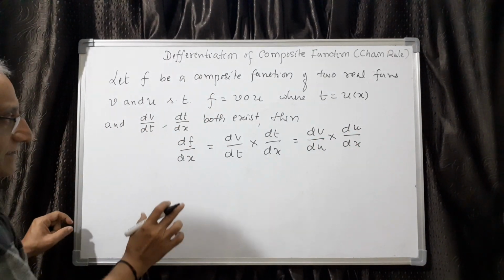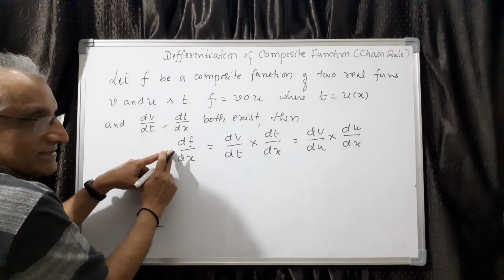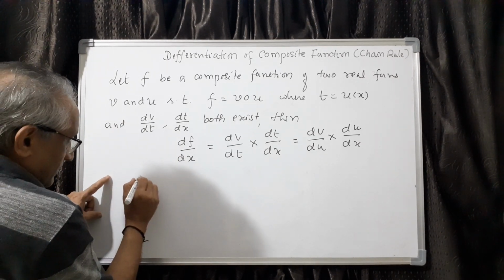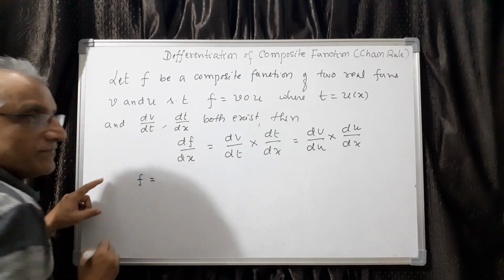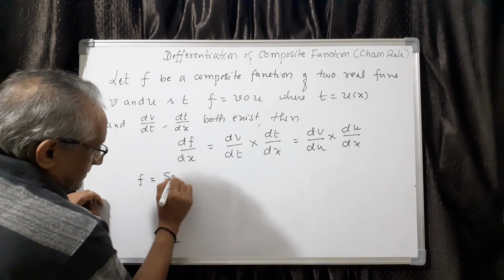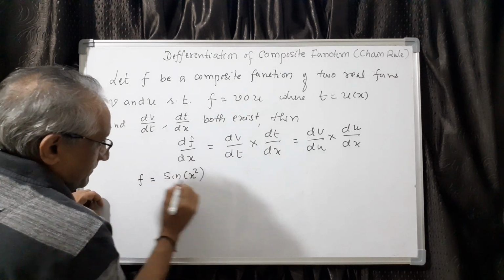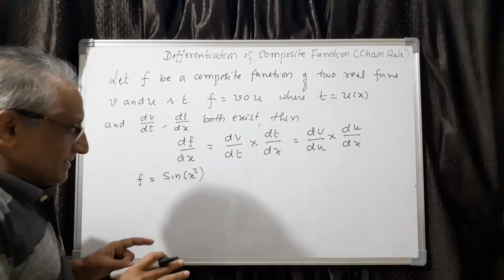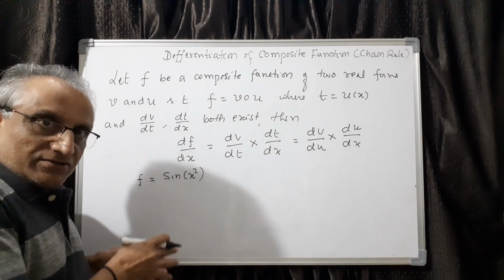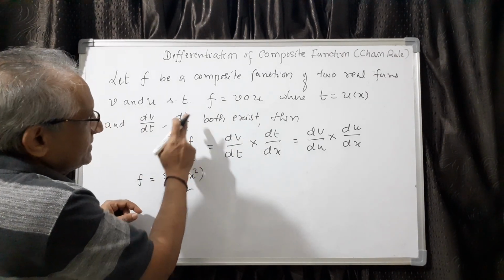So let me give an example. As per this definition, let us take for example f equal to sin x square. I will show you both methods, one is something like substitution, another one is exactly using this definition.